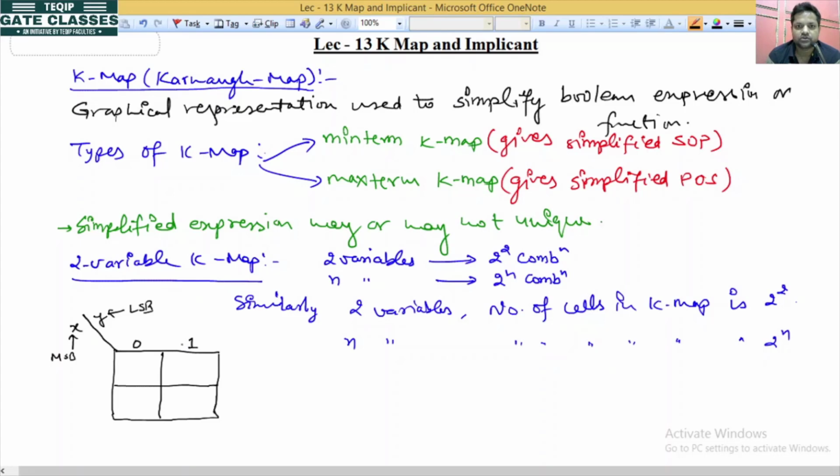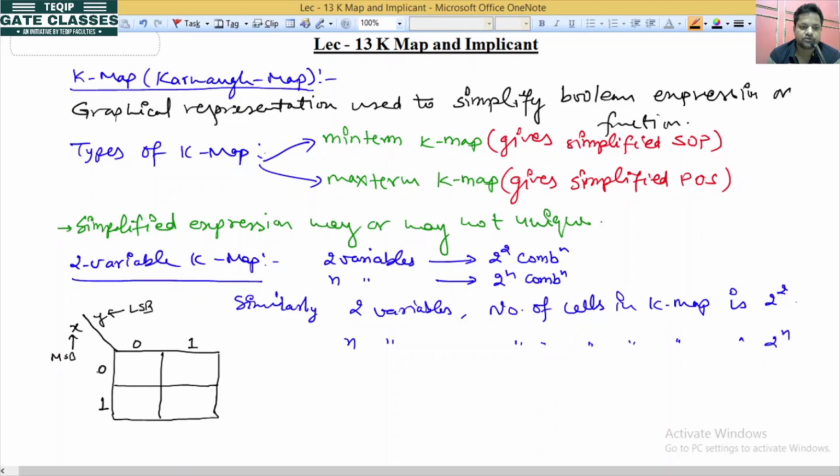In gray code, if you pick any two adjacent codes, there will be 1 bit change between them. From here we have 0, here we have 1. How many bits are changed here? Only 1 bit. Similarly, I put 0 here, 1 here. How many bits are changing here? Only 1 bit.